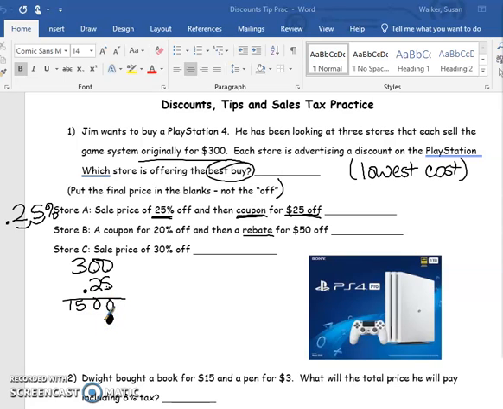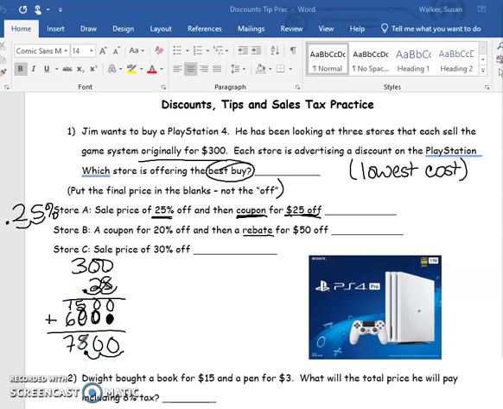Because you do need to hold a spot. Okay? Now I'm done with the 5, so I'm going to do the 2. 2 times 0, 0. 2 times 3, 6. Okay? So now I'm going to add: 0, 0, 5, 1 plus 6 is 7, 75.